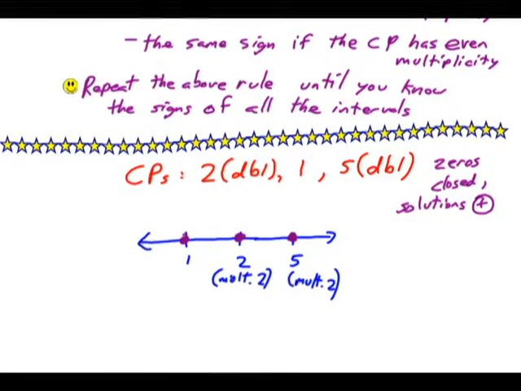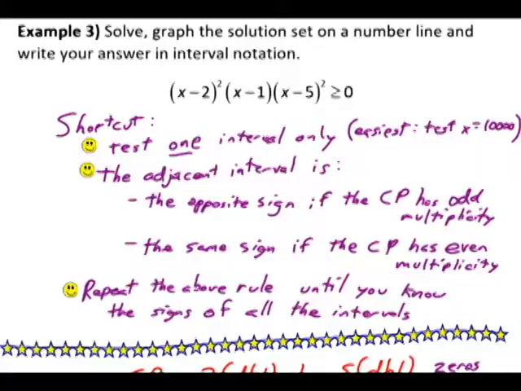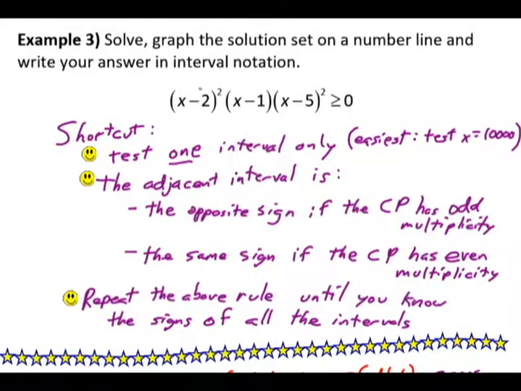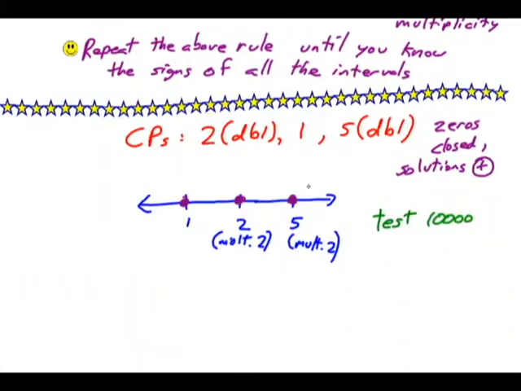We don't want them in this category. Now I simply test a very high x value, like 10,000. If I were to plug in 10,000, I would get something positive, and something positive, giving us a positive result.